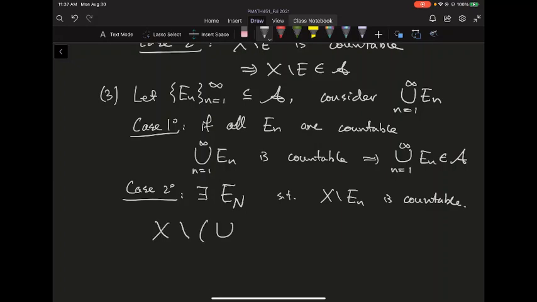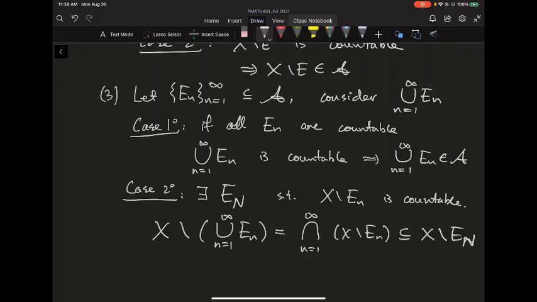Set theory tells you it is the intersection of the complements. In particular, this intersection is contained in the complement of E_N, because it's one of them and when you take an intersection it can only get smaller.